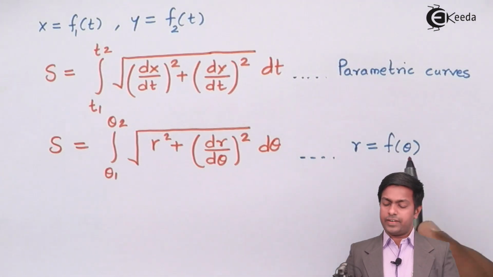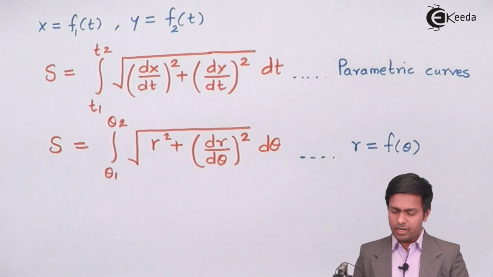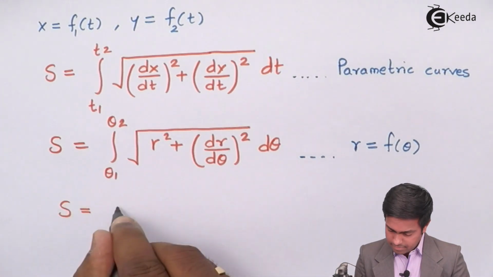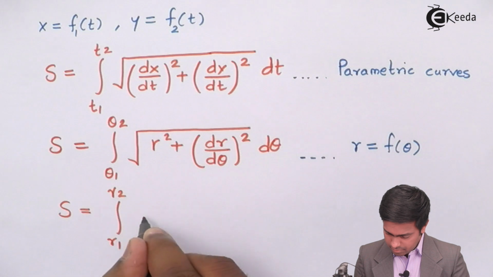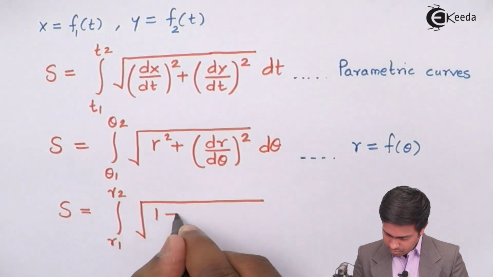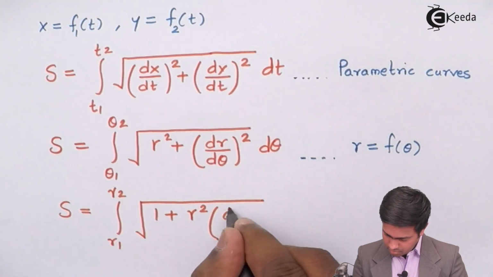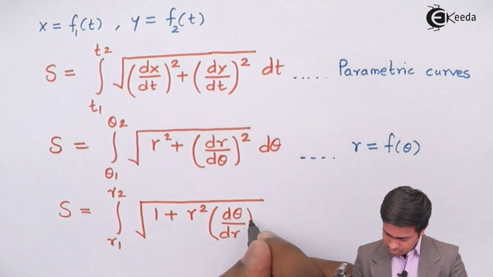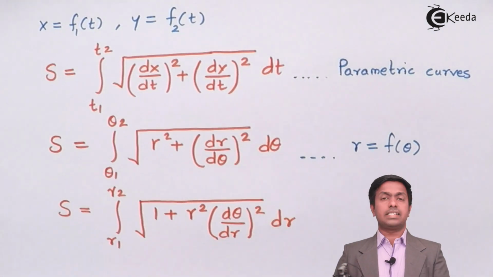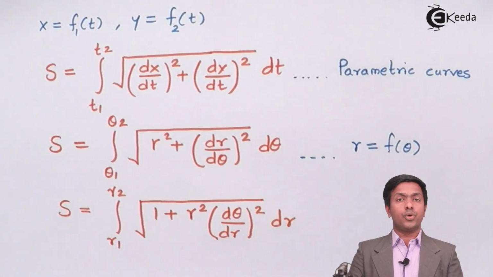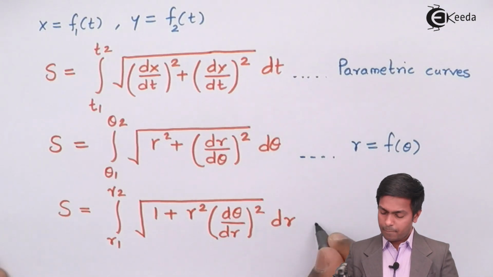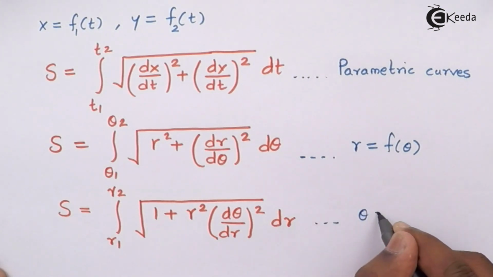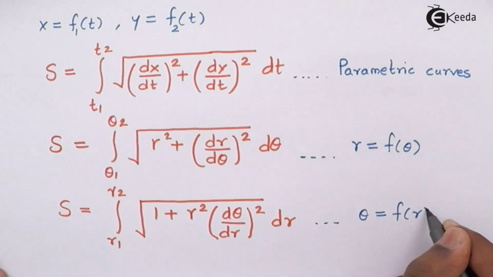Now similarly, if theta is given as a function of r, the formula will be this. So guys, this is the formula which we will use if theta is given as a function of r.